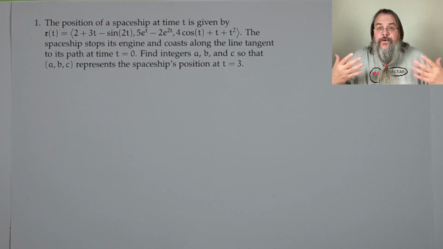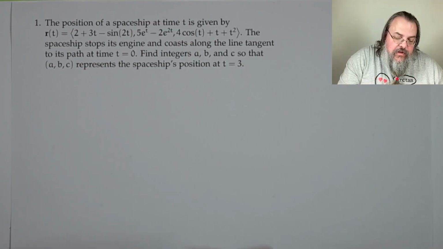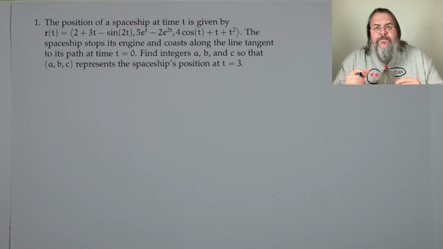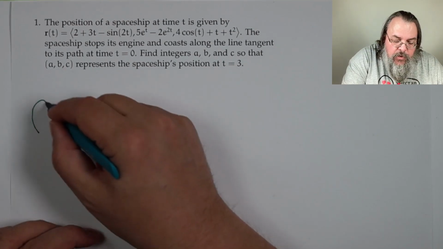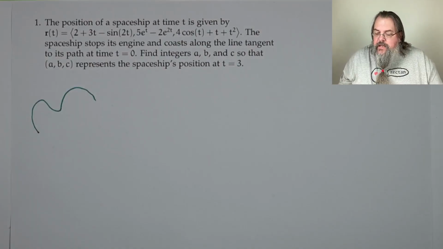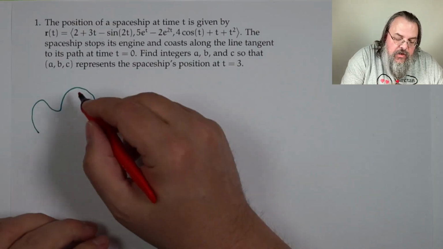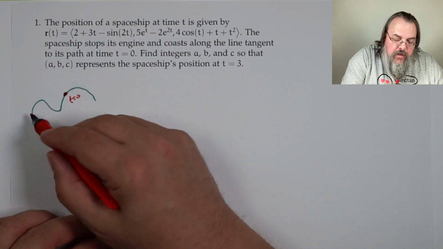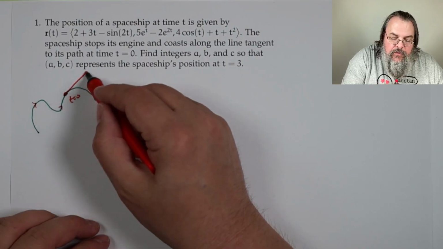Okay, so what's going on? Well, the idea is that there's a spaceship, and a spaceship has rockets, and it's able to control its path to some degree. And so it doesn't go in a straight line, it moves around. But unbeknownst to its plan, it says, hey, you're going to stop here at time t equals 0, and then instead of going along your planned path, you're going to go off this way.